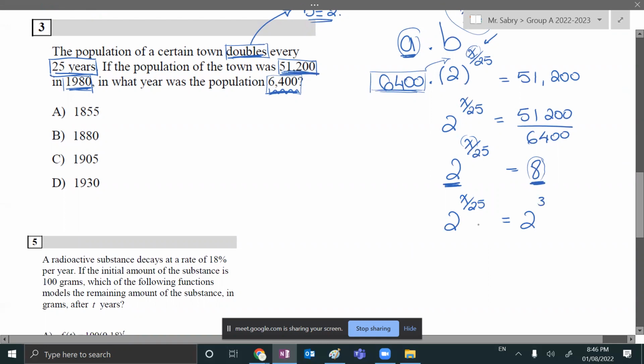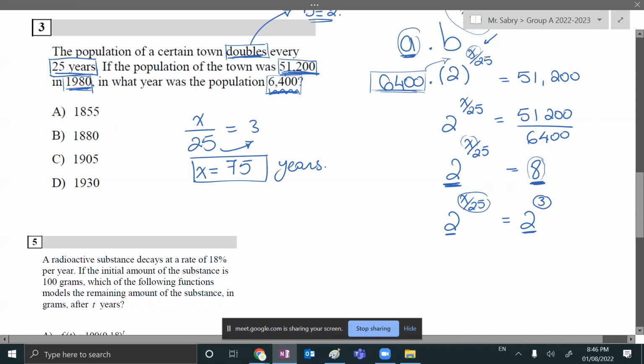So if that's the case, if now both are equal to each other, we can say that this power is equal to this power. The x over 25 is equal to 3. And we will work on that as a different equation here. Move the 25 to the other side by multiplication, and that would get me the value of x as 75. 75 what? 75 years.